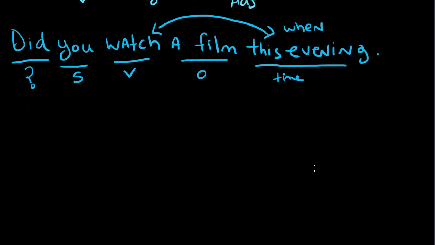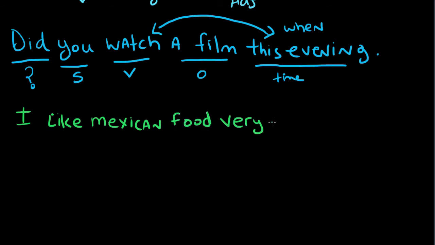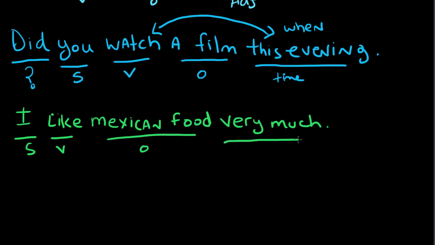So let's look at another example. For example, I like Mexican food very much. So here we have I as the subject, like is the verb, and Mexican food is the object, and very much is the adjective to tell us how much.